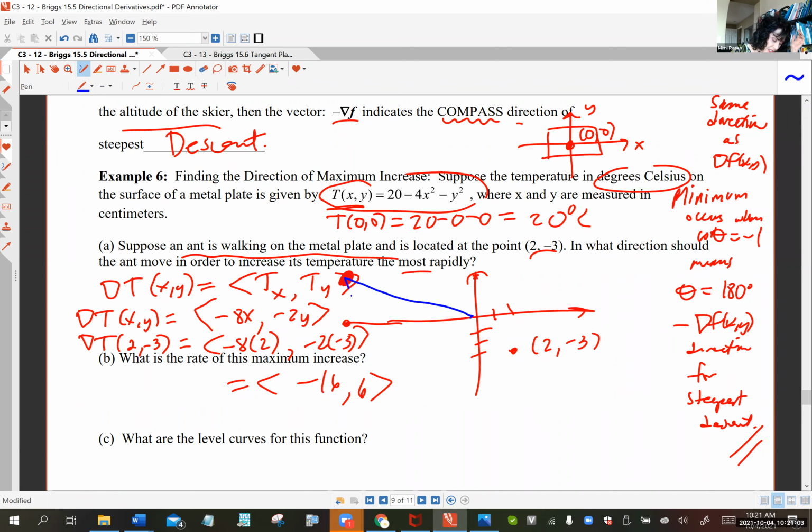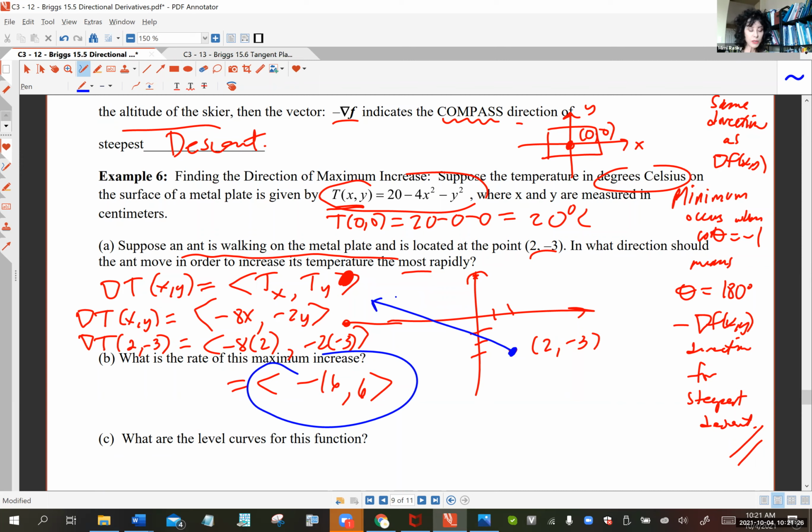And then here's the standard position gradient, but you need to translate that vector so that it's sticking out of the point where the ant is located. So you need to move that vector so that it's still going in the same direction and still has the same magnitude. It's going to look like that.